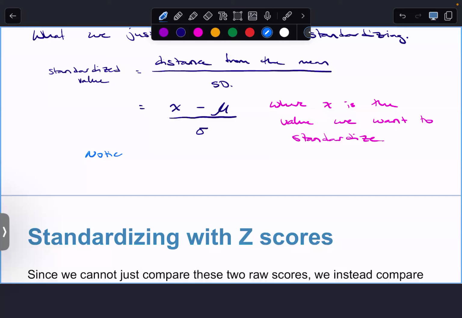Notice if x is less than mu, x minus mu is negative. And of course, if x is greater than mu, x minus mu is positive.